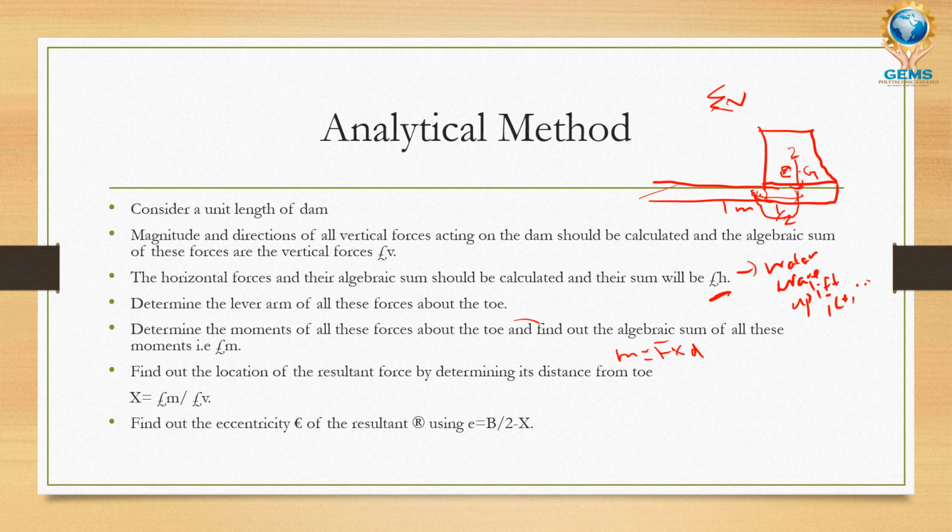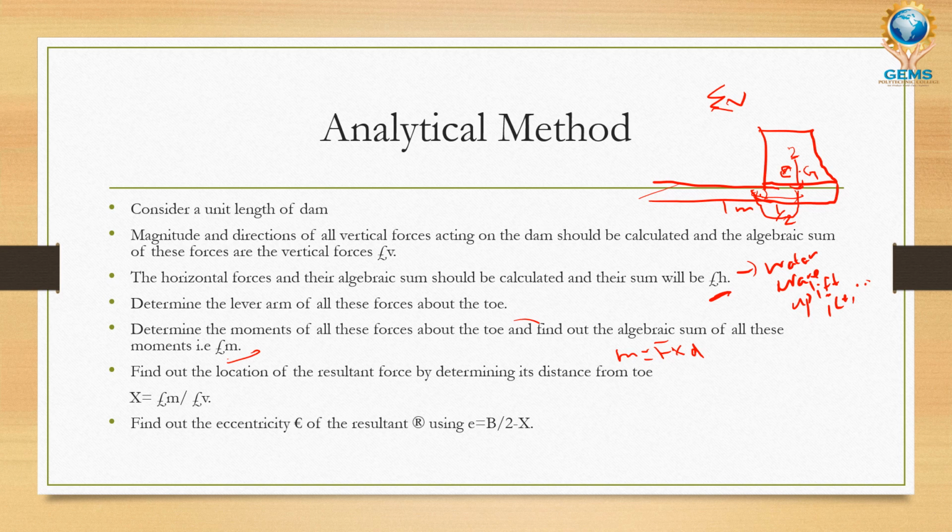Similar to that, the summation of moment for horizontal forces is also to be found, and you have to take the algebraic sum of all these, which is called the summation of moments.